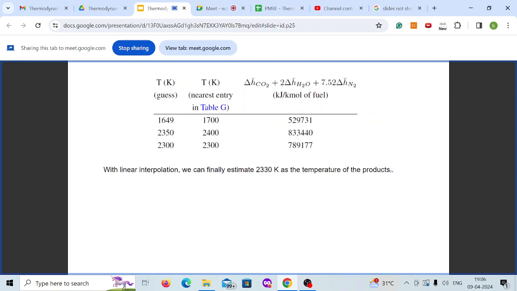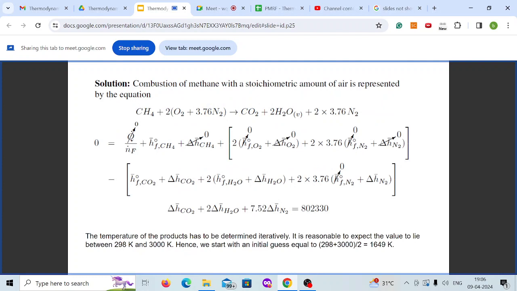So any doubts in this? What we did is we wrote a stoichiometric chemical reaction. We did a steady flow energy equation for the combustion, and we substituted the formation values, and the only unknowns were the sensible enthalpy values, which we can find out only based on temperature.